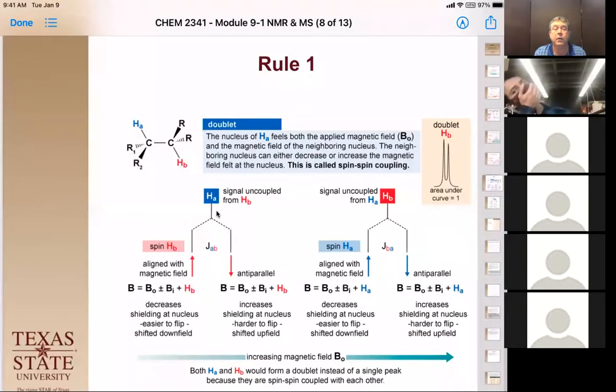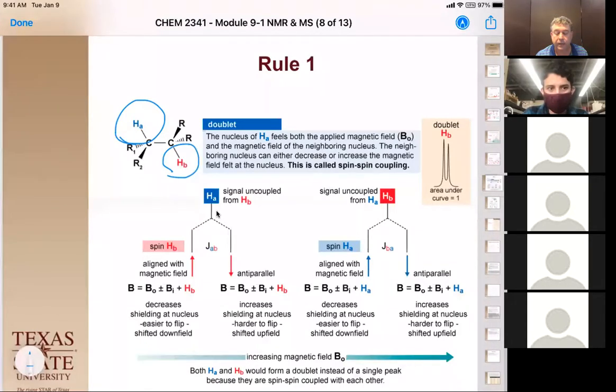Okay, so if they were equivalent, then those magnetic fields would overlap and align and cancel each other out, and we don't see any splitting. However, because they are different, one shifts it slightly up, one shifts it slightly down, and we get our splitting. So in this case here, this hydrogen, which is the A hydrogen, is chemically non-equivalent to this B hydrogen.